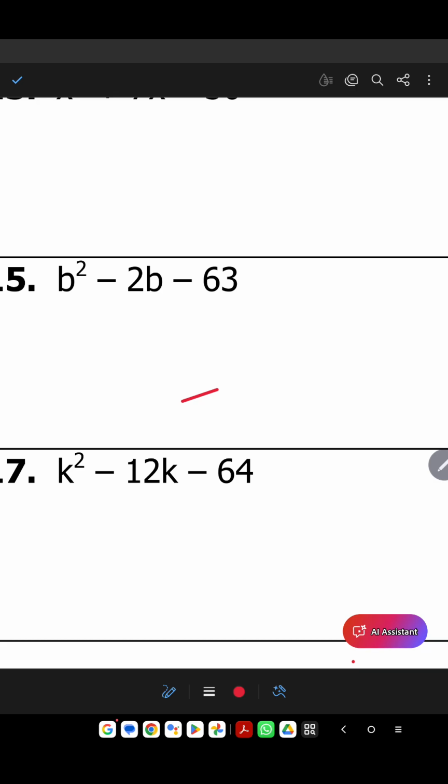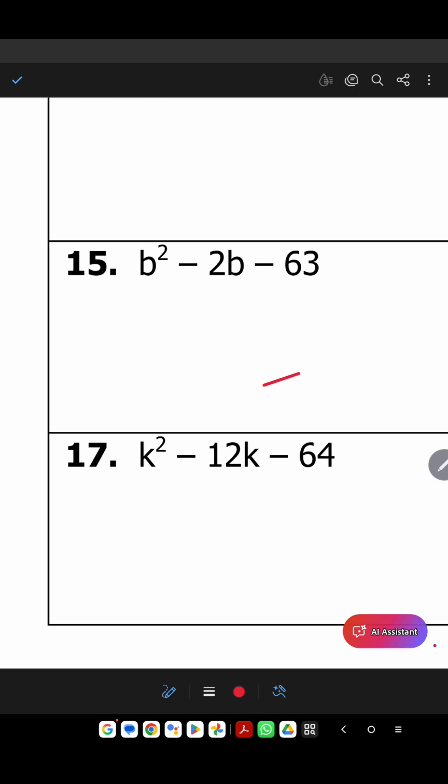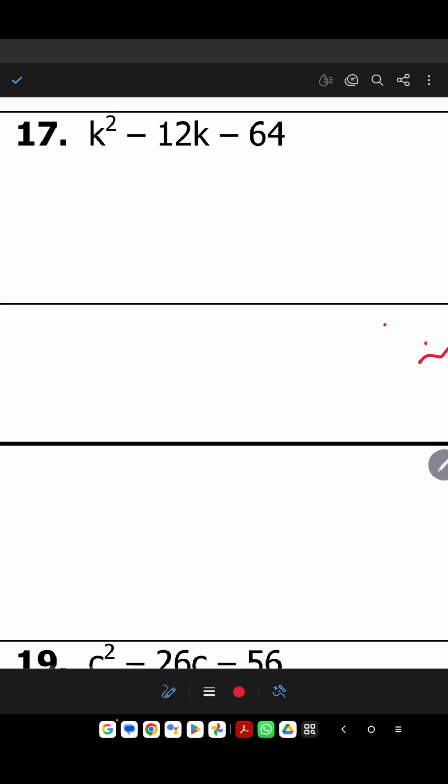So please do not mistake the b that we're looking for for the variable. In that instance, I'm going to change and look at question 17 instead of question 15, because the variable in question 15 might give a misunderstanding.